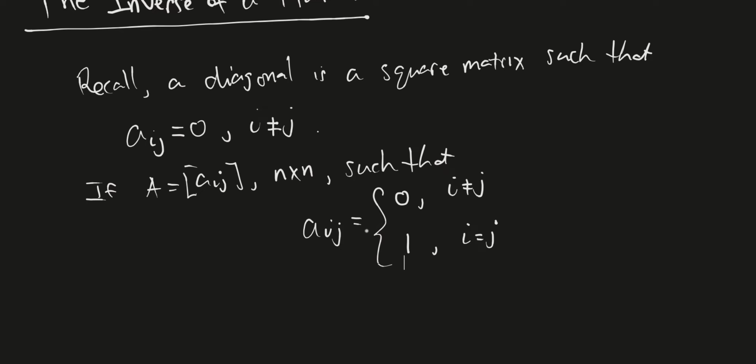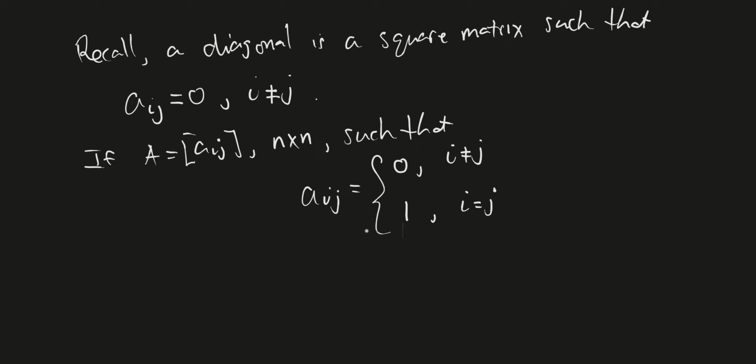So let's write down a couple of these and see what they look like. Say the 2 by 2, right? So the 2 by 2 matrix that fits this definition will look like this, right? So again, you have 1s on the main diagonal and then 0s everywhere else, right? If we do the 3 by 3, then the pattern becomes even clearer.